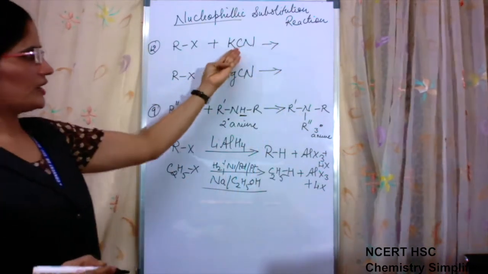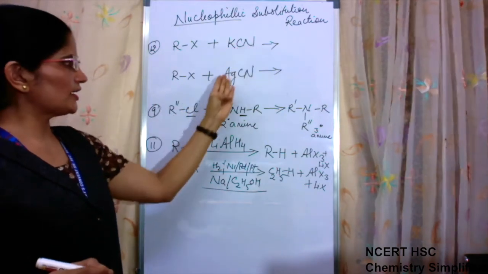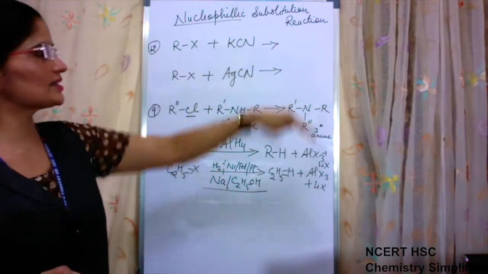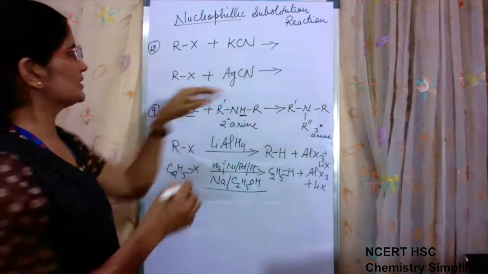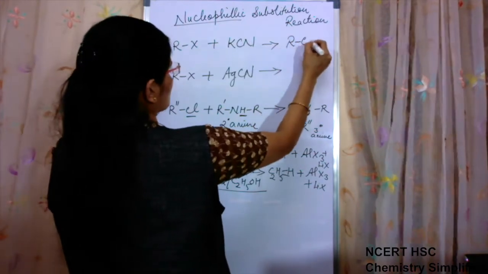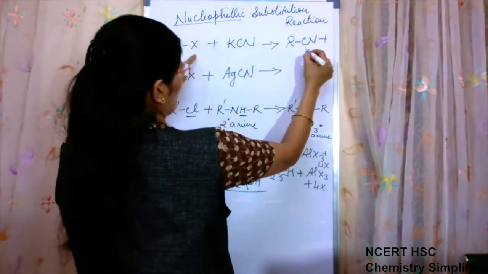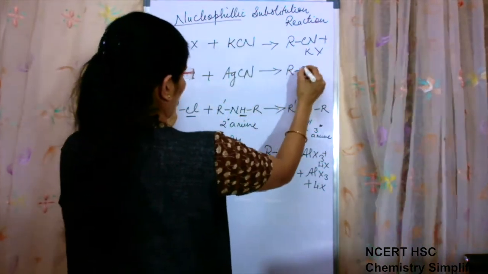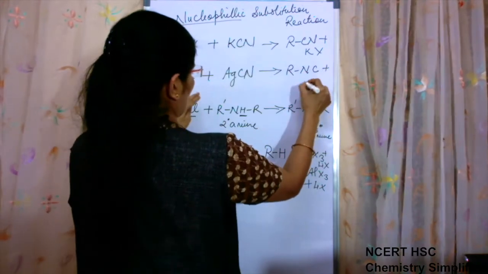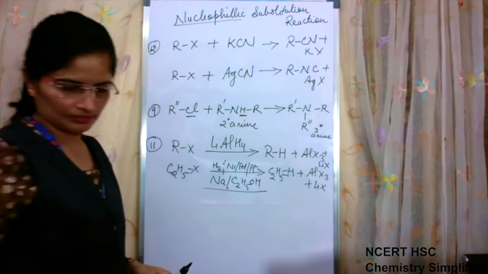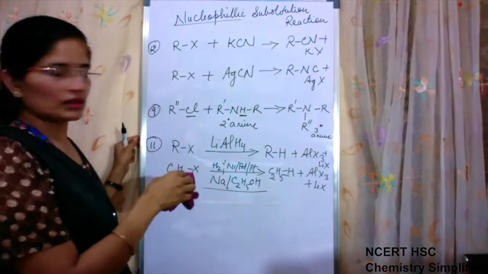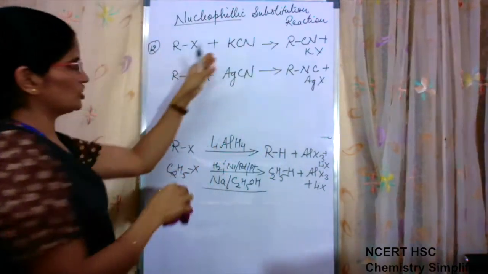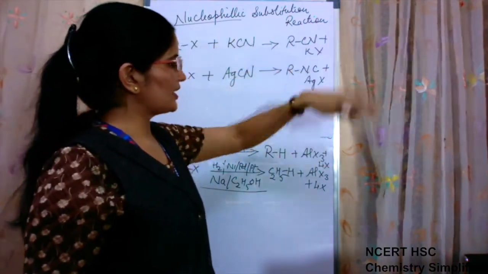See, reaction is with cyanide. This is potassium cyanide, this is silver cyanide. But when these two are taken, the product in both the cases are different. If I am using KCN, then the product is RCN plus KX. And if I am using AgCN, then the product is RNC plus AgX. That means with potassium cyanide, alkyl cyanides are obtained.